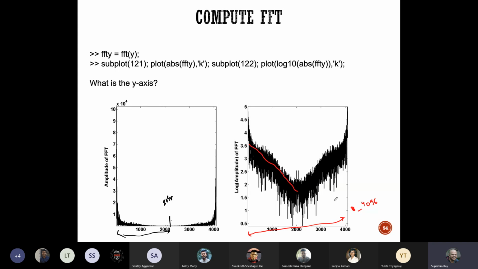So what do they correspond to? Can anyone tell me? What does the 4096th sample correspond to in the frequency domain?